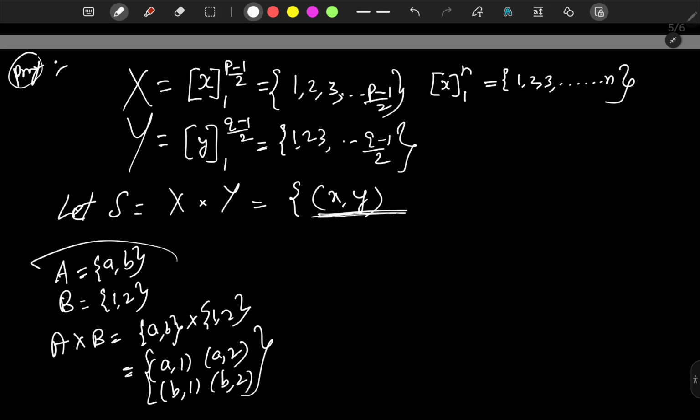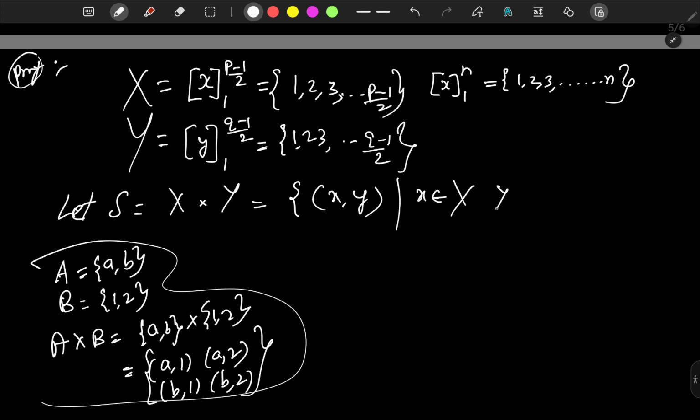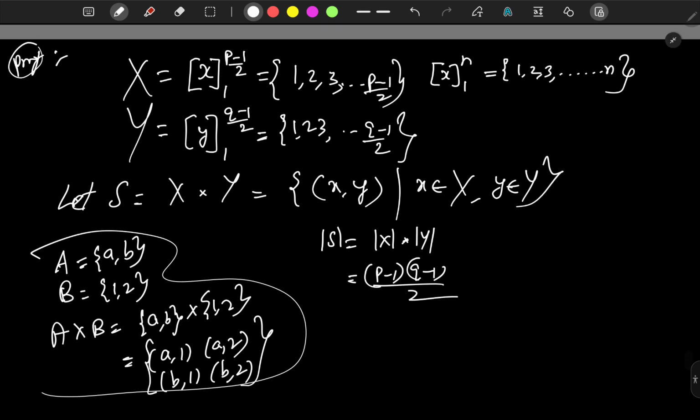This is the Cartesian product, where x belongs to capital X and y belongs to capital Y. Now tell me, what is the cardinality of capital S? The cardinality of S equals the cardinality of X times the cardinality of Y, which is (p - 1)(q - 1)/4.